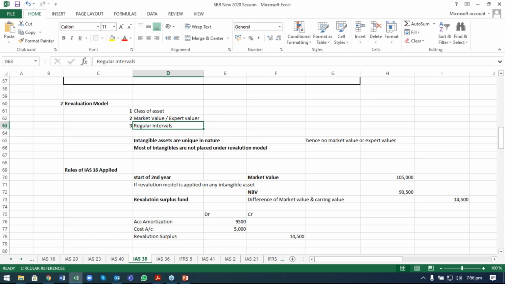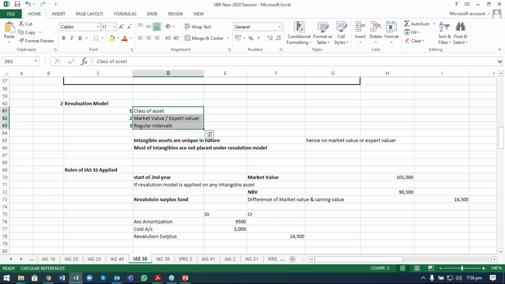What does regular interval mean? It means you have to repeat the revaluation with sufficient regularity that the carrying amount of an asset and the market value of an asset should not materially differ from each other. If there is a material difference between the carrying value and the fair value or market value of an asset, then it means you have not applied the revaluation model in the sense the standard has told you. So these are the three requirements.